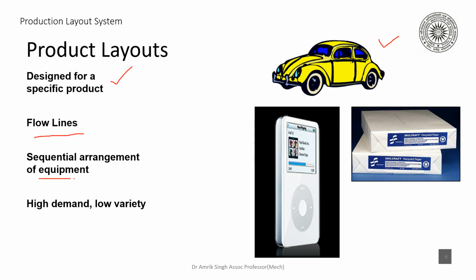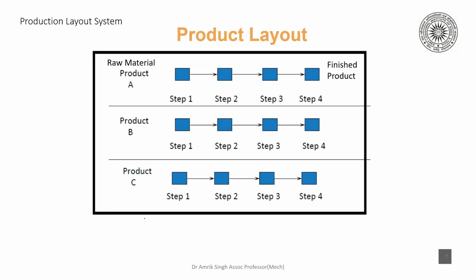Sequential arrangement of the equipment is important. So the machines are laid down according to the sequence, for products which are high in demand and low in variety. These are the features.